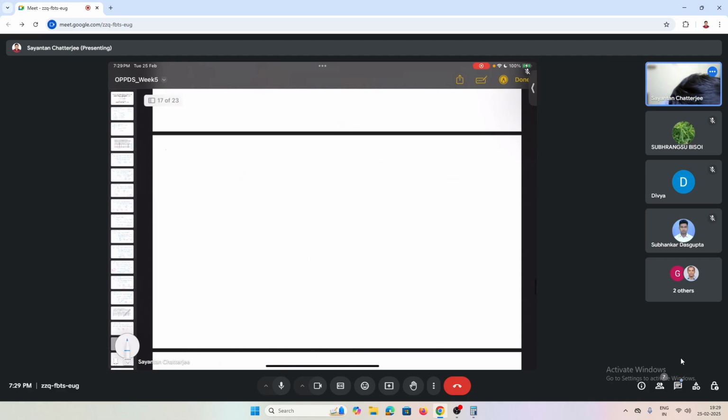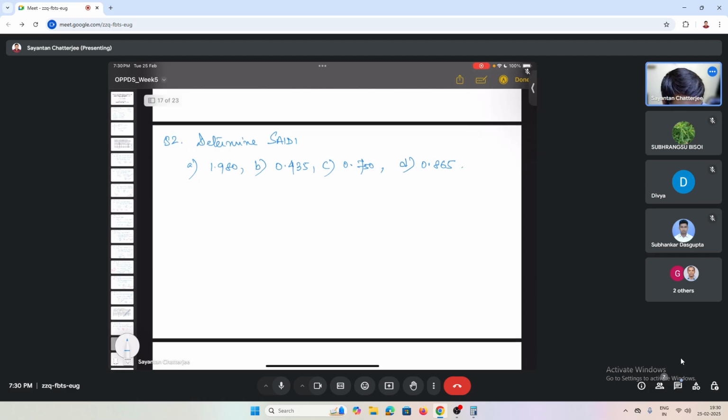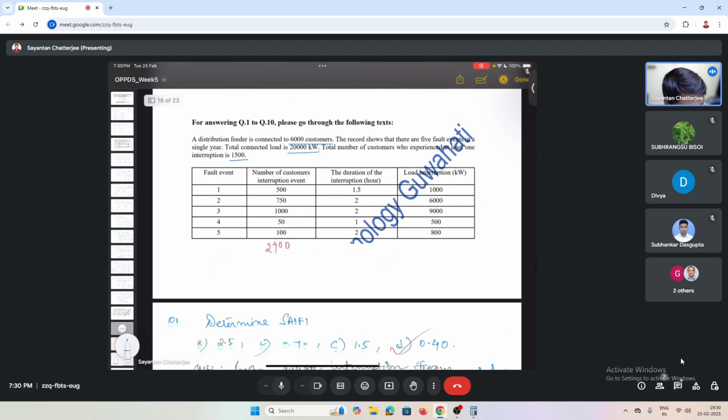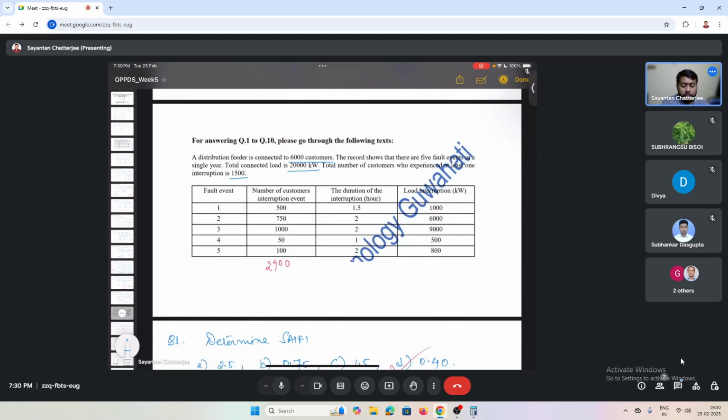Next one is to determine psi d. Okay, we need to see the data sets. Calculate psi d for the same set of questions.